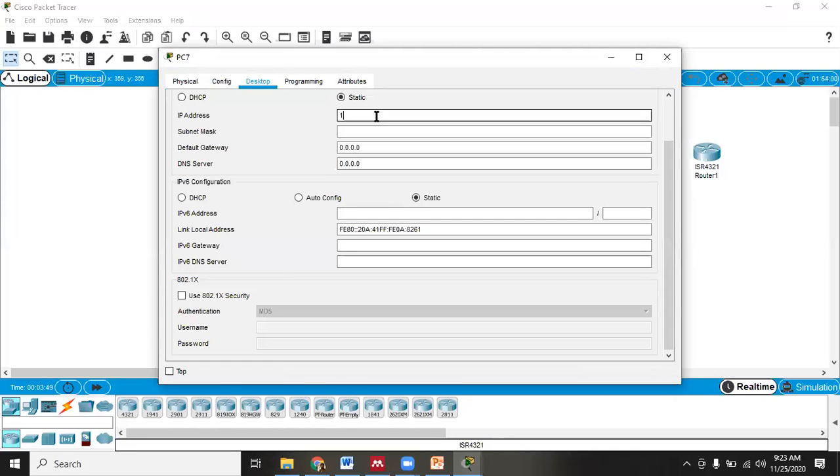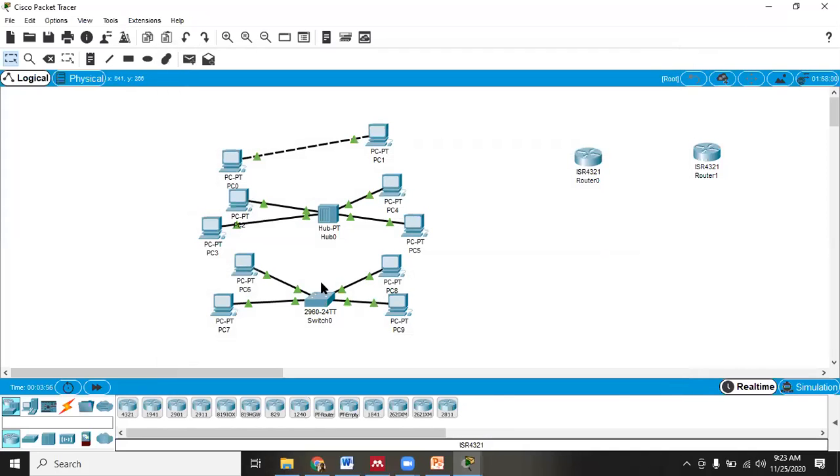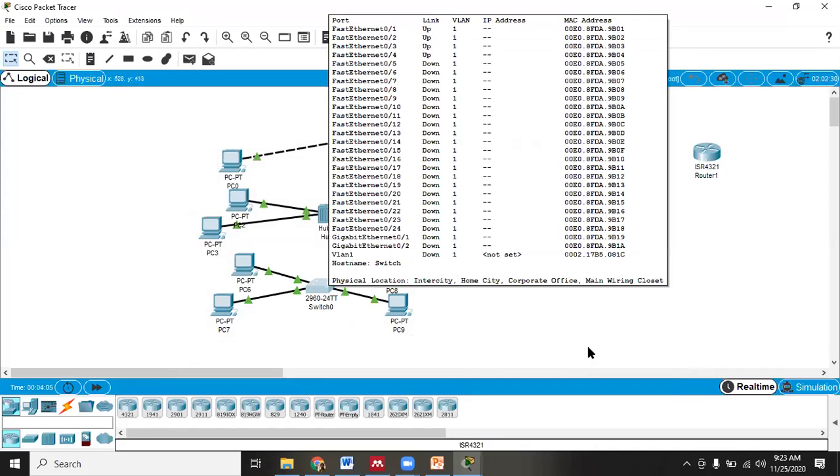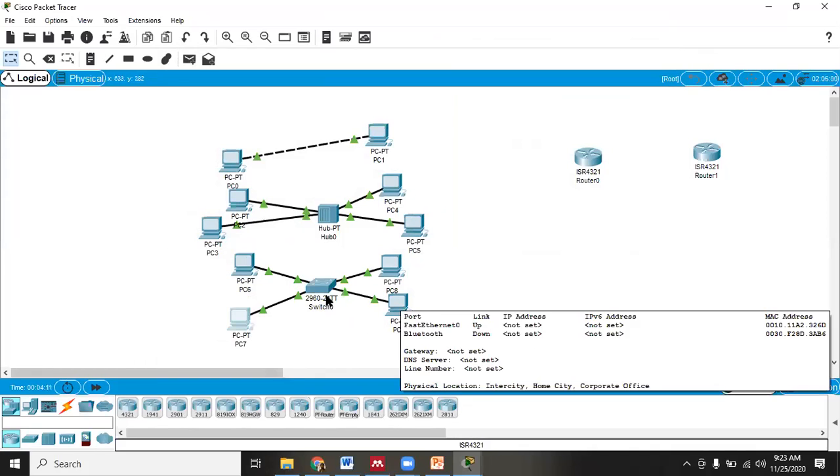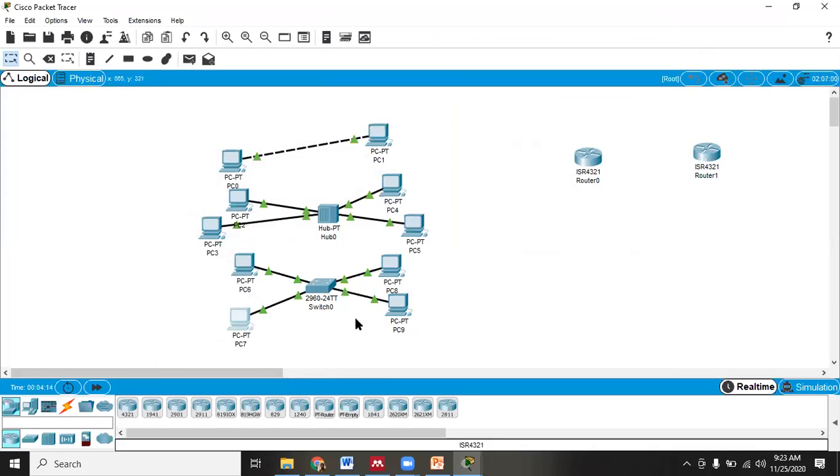I'm just showing you that different networks will not be able to work without the help of a router. It means a switch is not capable of connecting different networks. A switch is only manageable in a LAN, a local area network. What it means is that in that network, all nodes must be in the same network. If they are in different networks, then the switch will not work. I'm just going to show you that, right?